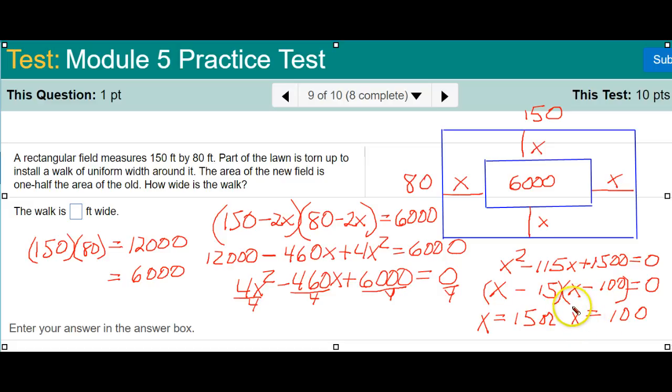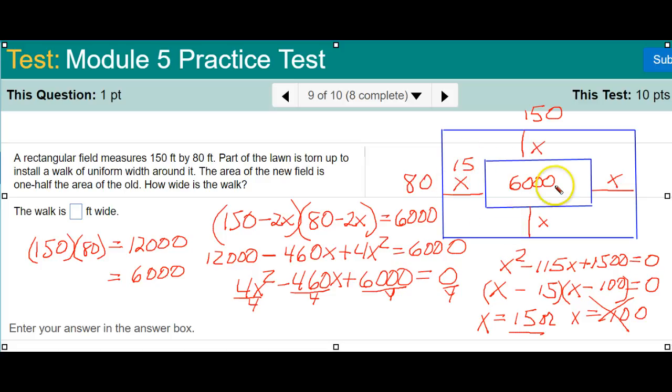Now, the only thing is, if X equals 100, would it fit with the overall width of being 80? No, that's not going to fit. So we have to reject this answer, and then 15 happens to be our answer here. Because if you put 100 there, that's not going to work.